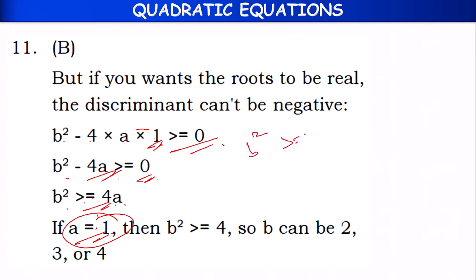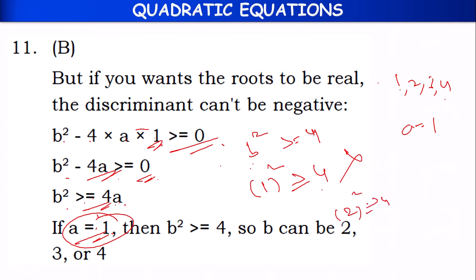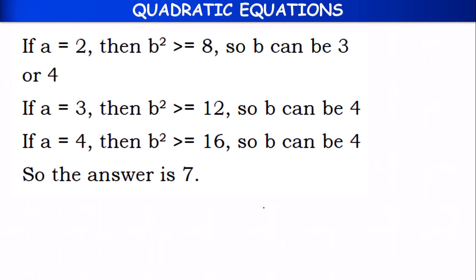Out of 1, 2, 3, 4, if a equal to 1, in the place of b, if we take b equal to 1, then 1 square greater than or equal to 4, wrong. 2 square greater than or equal to 4, correct. 3 square greater than or equal to 4, correct. 4 square greater than or equal to 4, correct. It means when a equal to 1, b value can be 2, 3, 4.